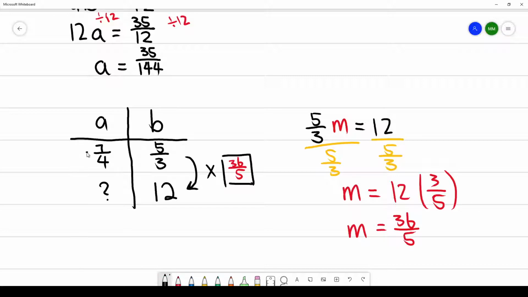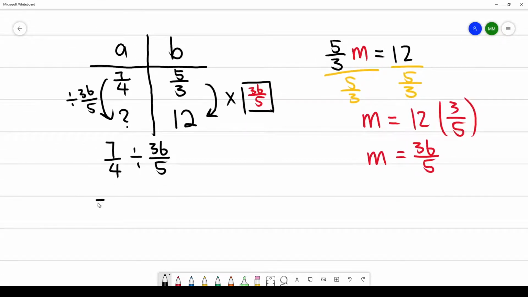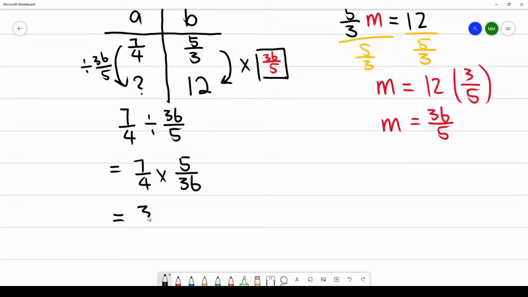Then that means on this side you have to divide by 36 over 5. So 7 over 4 divided by 36 over 5 is the same thing as 7 over 4 multiplied by 5 over 36, and that's going to give the same thing, 35 over 144.